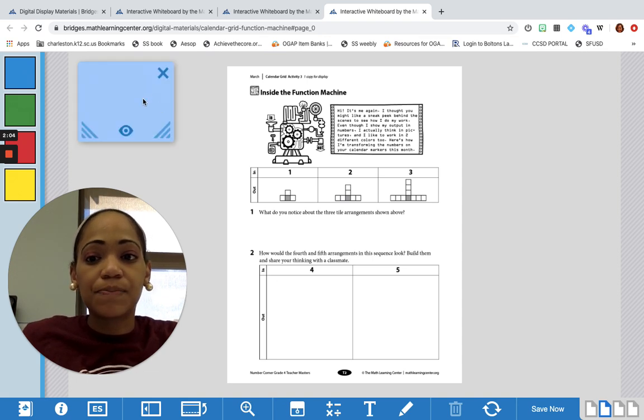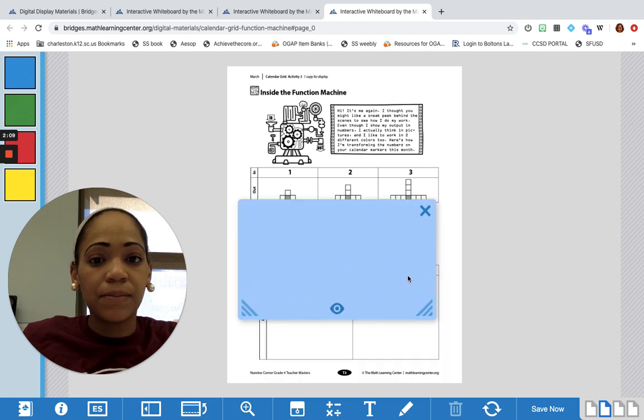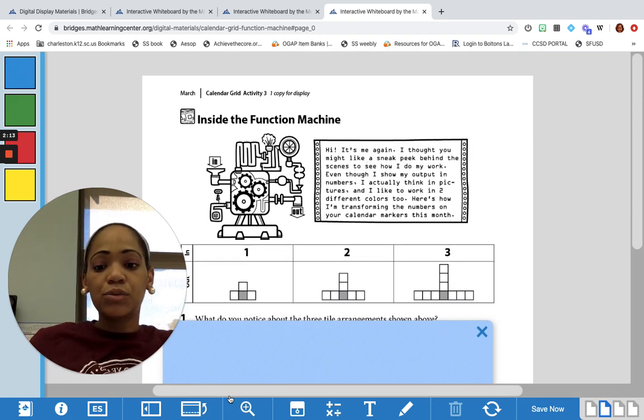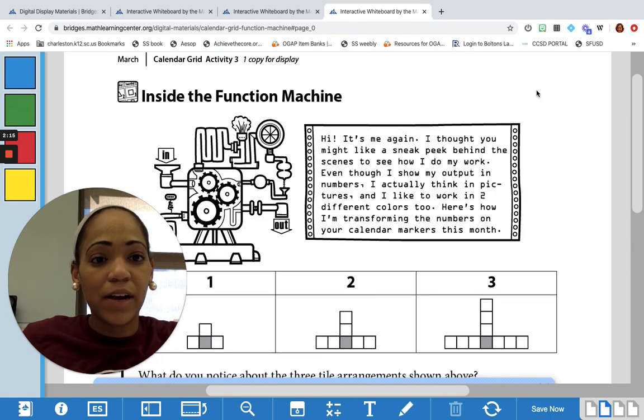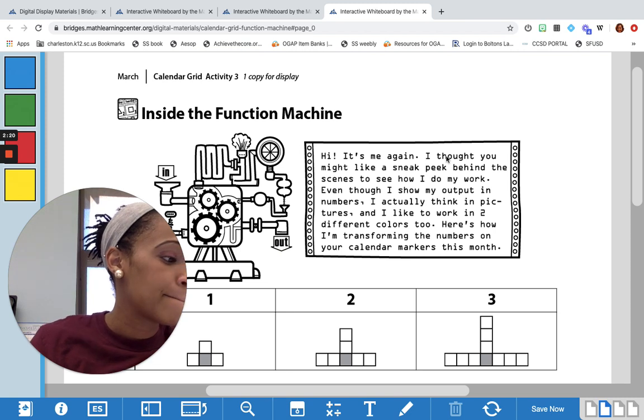Let me do this. Let's look at this sheet right here. And I want you to read this paragraph right here really quickly, silently to yourself.